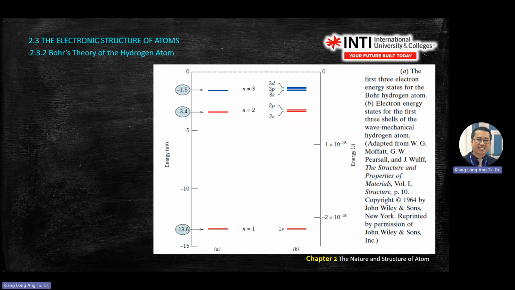So what is the energy to jump from number 2 to number 1? 10.2. What is the unit? eV. How do you get 10.2? How do you get the difference from something?